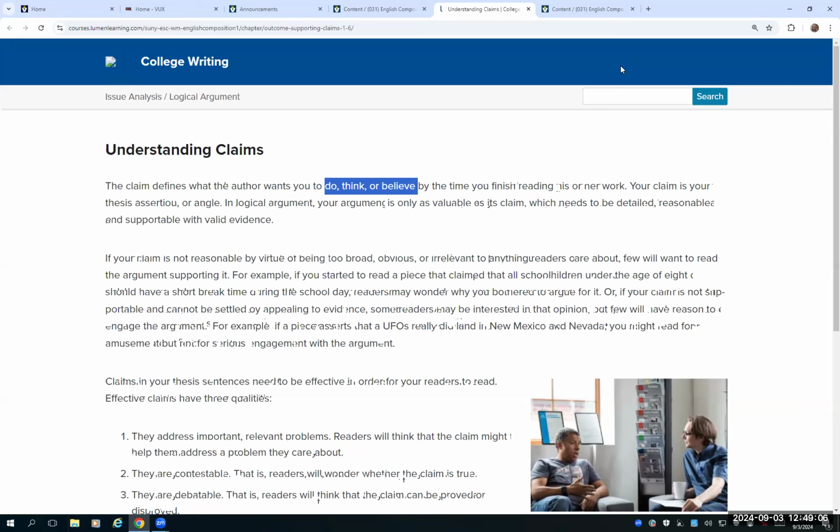A claim is also sometimes known as, and I'm going to write this up here at the top, a claim equals a thesis statement. A thesis statement is a type of claim. Also, sometimes the main idea. So I'm going to put those notes up here at the top as well.